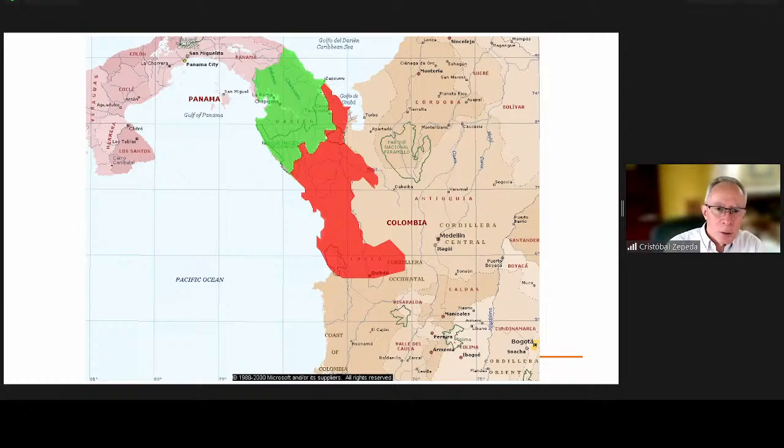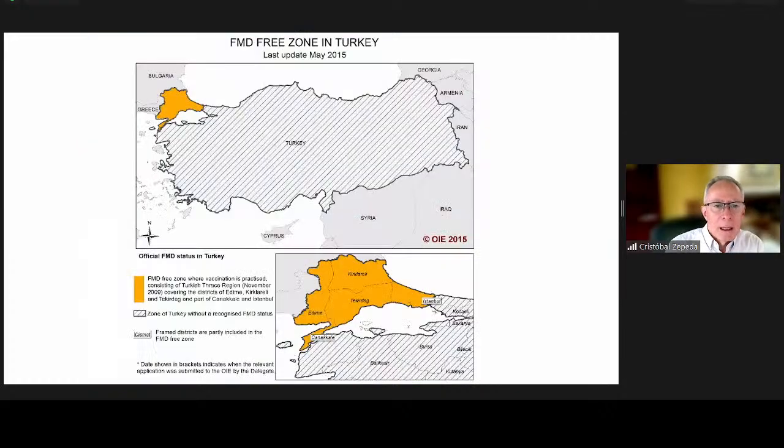We have some examples worldwide. One of them is the Choco zone, which is free of foot and mouth disease without vaccine, that was set up in order to protect Panama and the rest of Central America from the possible entry of foot and mouth disease.